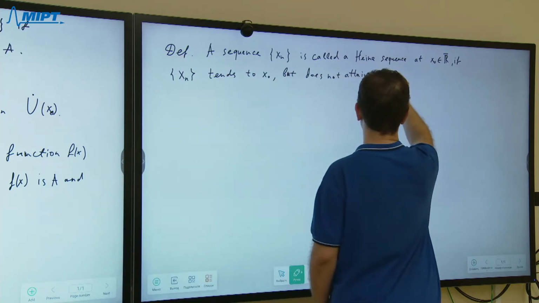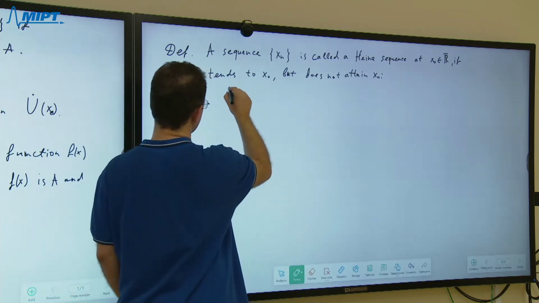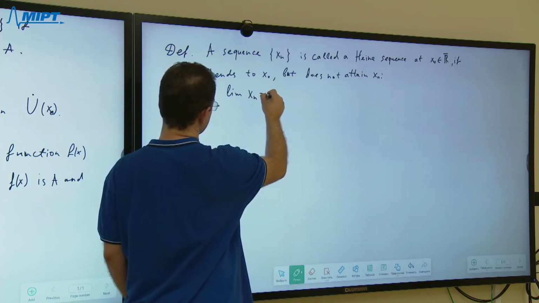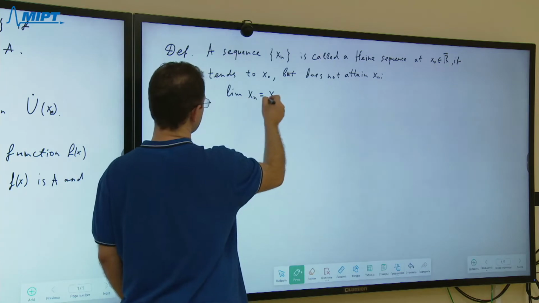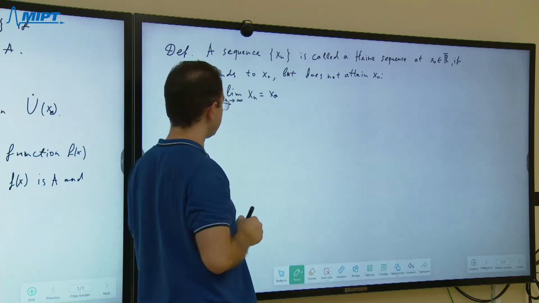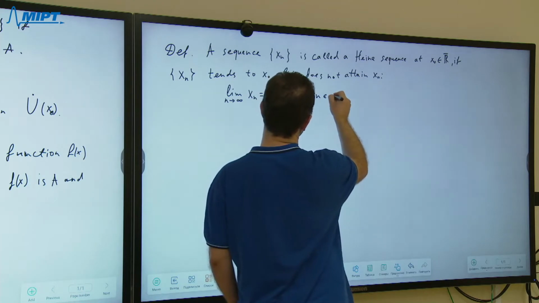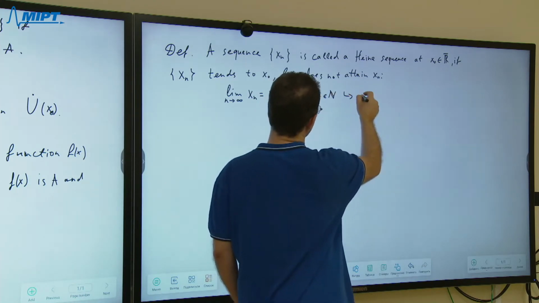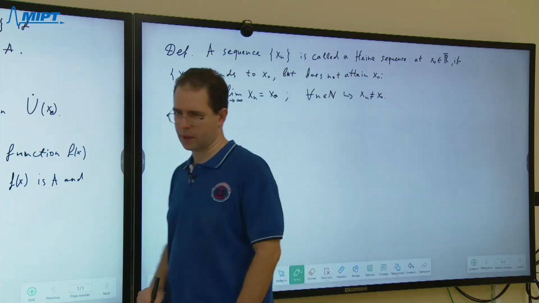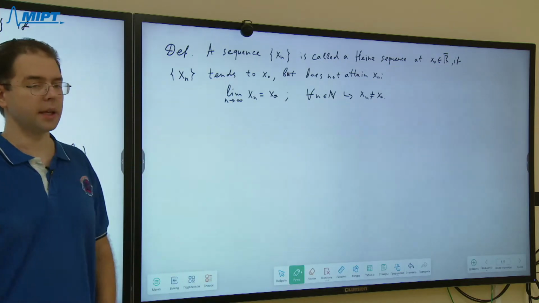That means in quantifiers we can write that the limit of xn equals x0, but for any natural n, xn is not x0. So this is the definition of a deleted sequence.